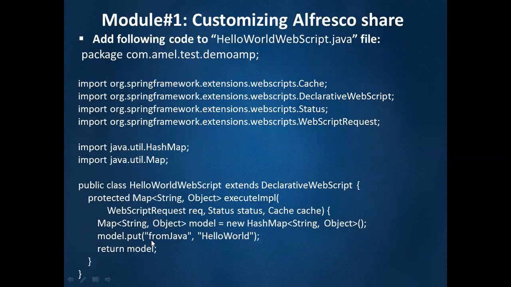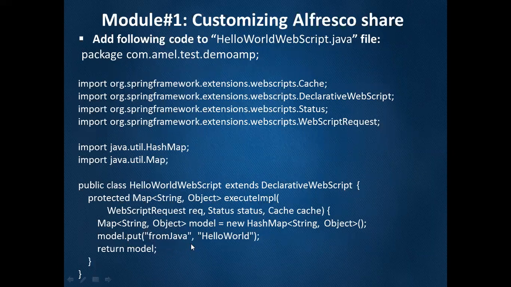The first thing that we write inside this collection, fromJava, is the parameter that I will give to a template file. This parameter is the key, and I will give it to the template file.